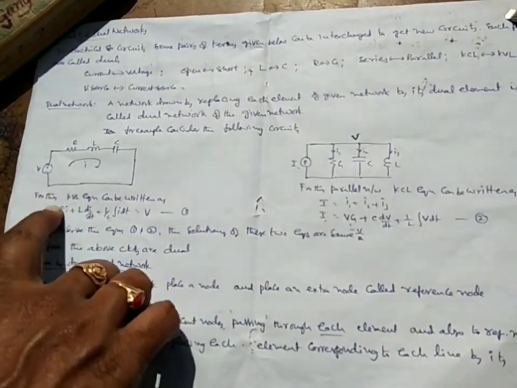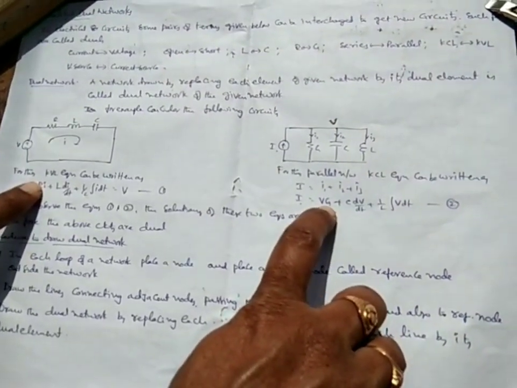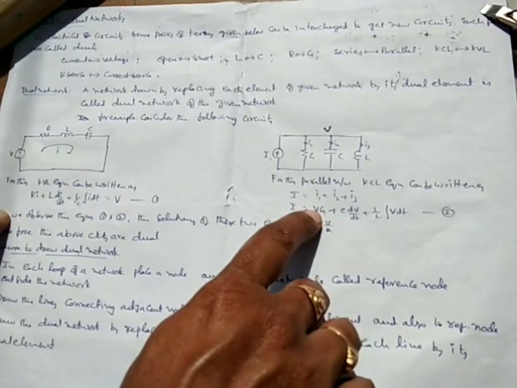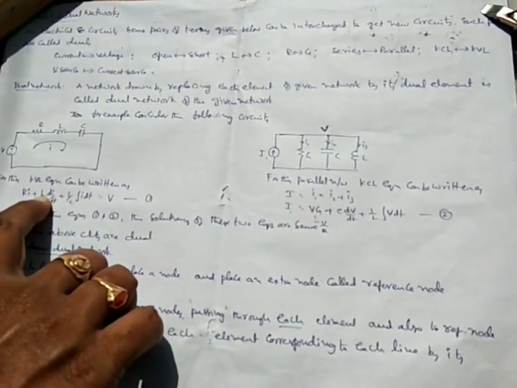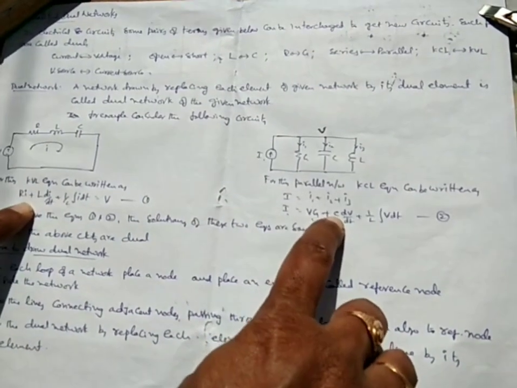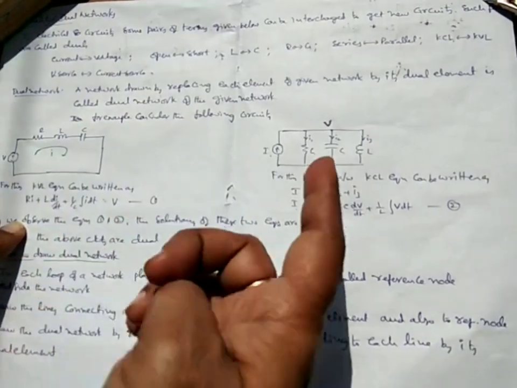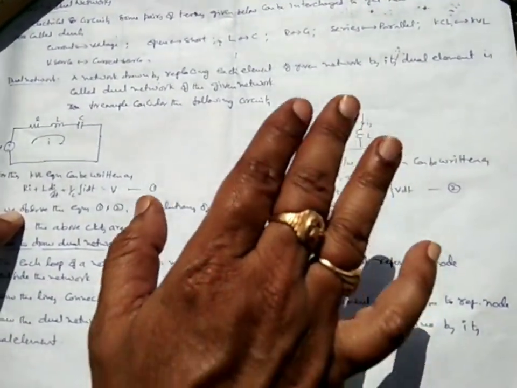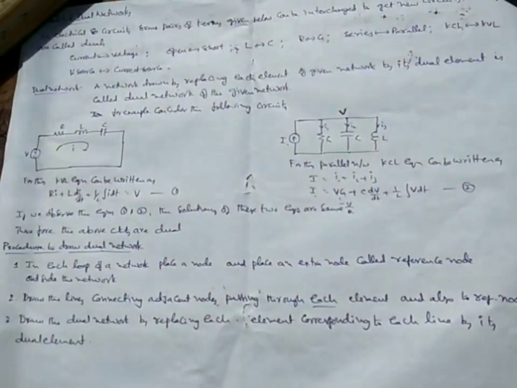Similarly, this term, here R into I, here V into G. For R, G has come, and for I, V has come. Here also, for L, we are getting C. Like that, each term in this equation is replaced by its dual term. So therefore, we can say that this network is the dual of this network.